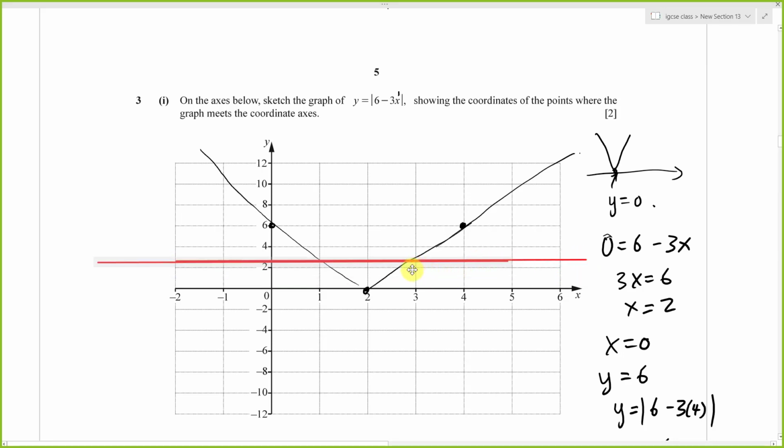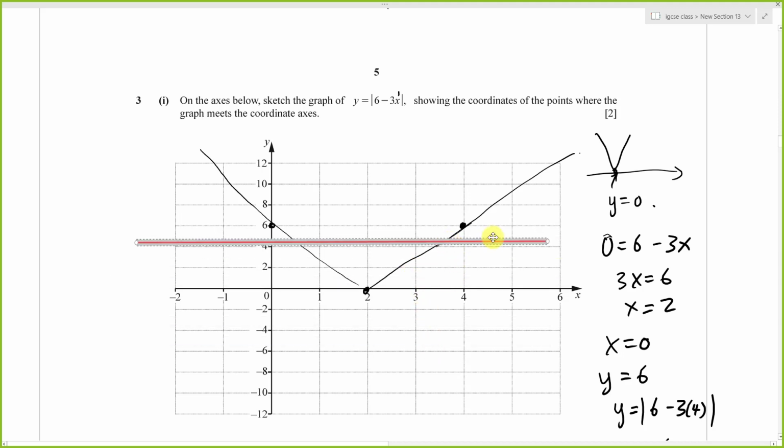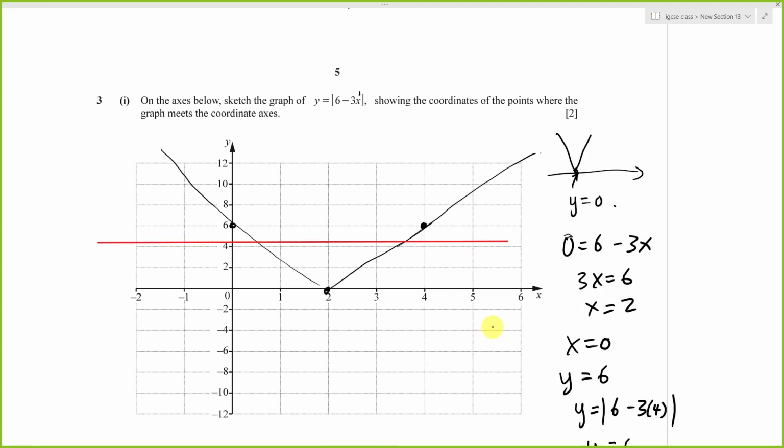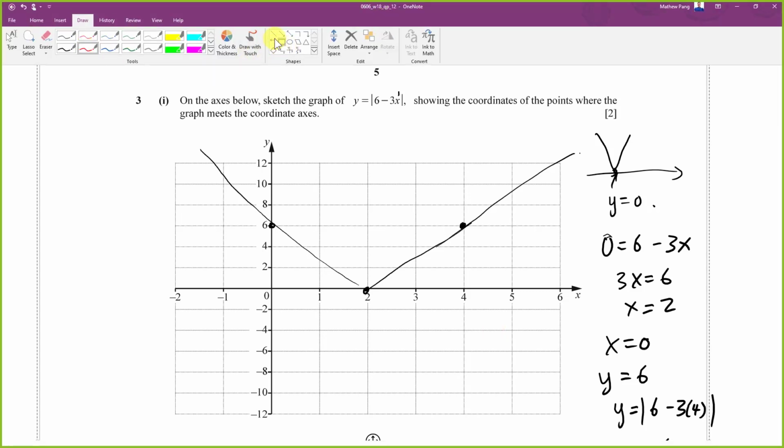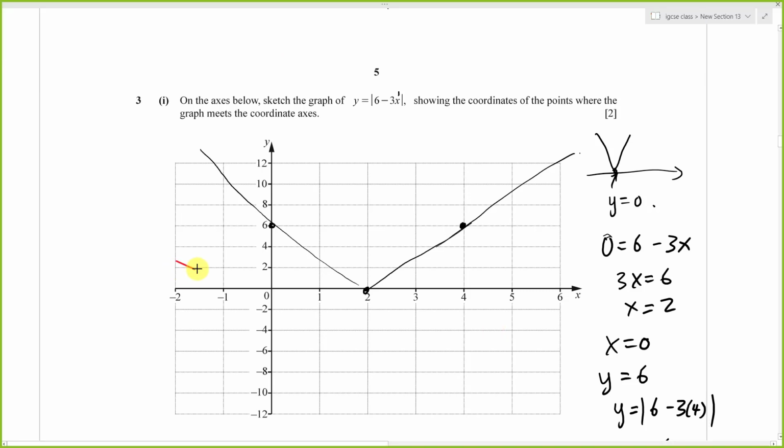I don't know why it didn't let me go to 2. Let me redraw it again. Never mind, just imagine this is a straight line. Okay, just use my free hand.